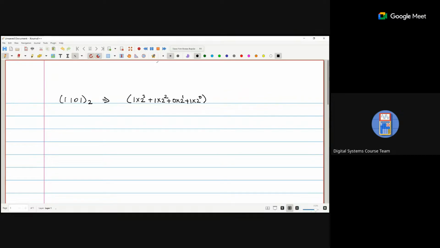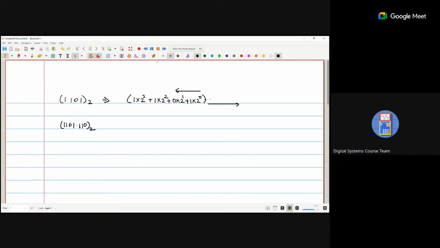Now, if the number given is 1101.110, here we start with 2 raised to power 0. If we go beyond that point, toward the right side of the decimal point, we multiply with 2 raised to power minus 1.